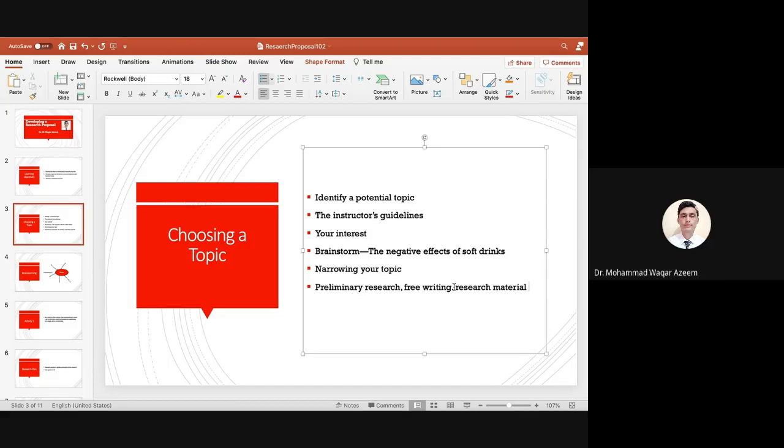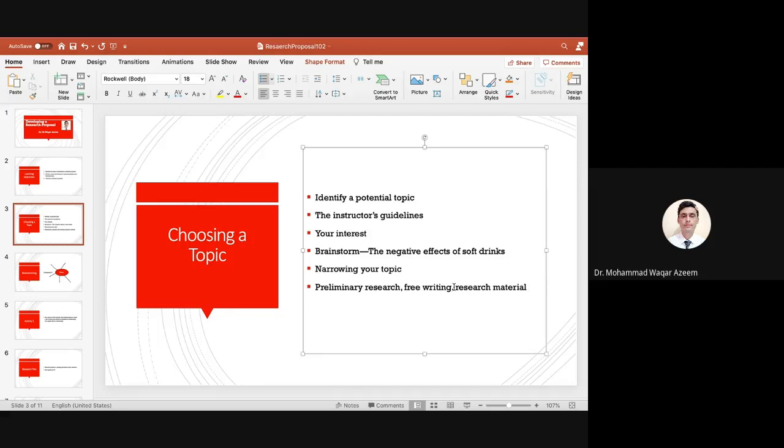You might notice after reviewing four or five pieces, after reviewing maybe a few editorials, a few magazines, a few websites, that many of the newspapers or many of the articles are dealing with the issue of obesity. That is, the effect of soft drinks on the obesity level of the consumers. So that might strike you as an idea which is narrowed enough and on which you can write your paper.